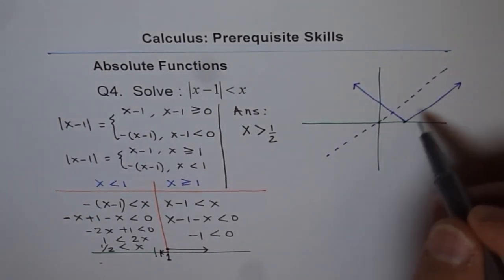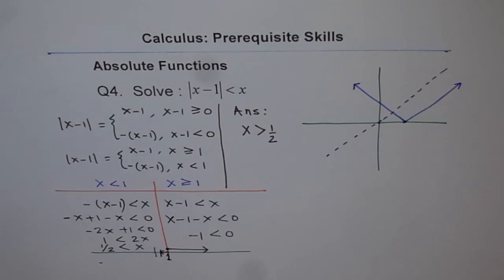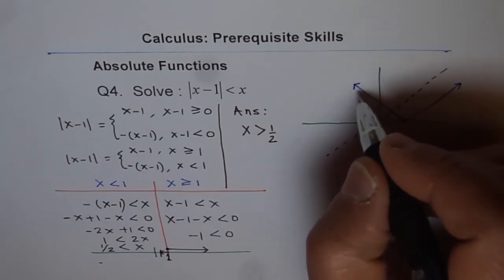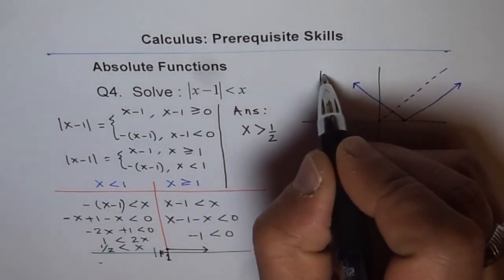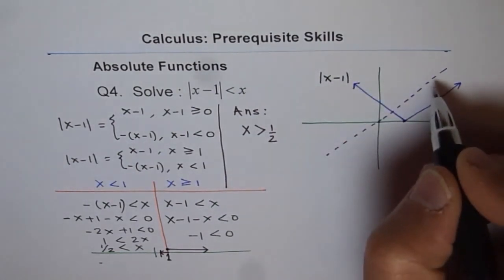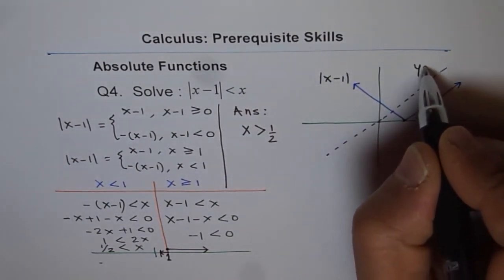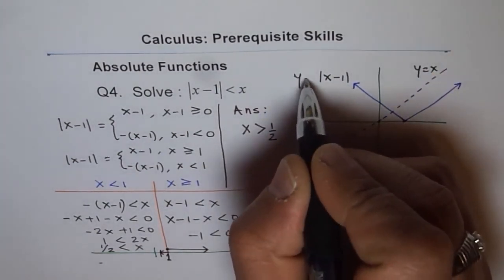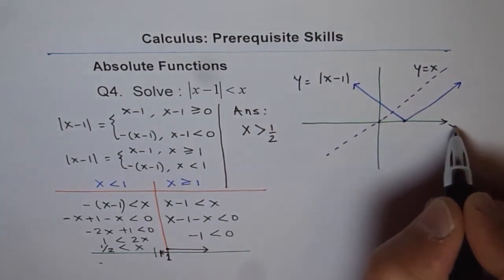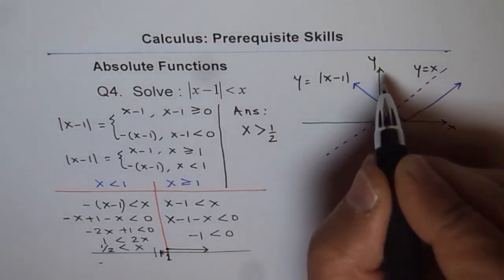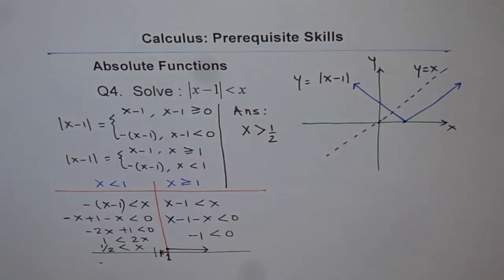As you can very clearly see, now let me write down our equations. This line is for y = |x - 1|, and this is for y = x. On this axis is y, and here we have x.